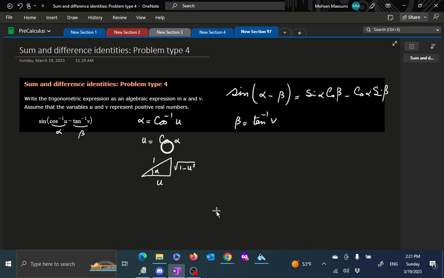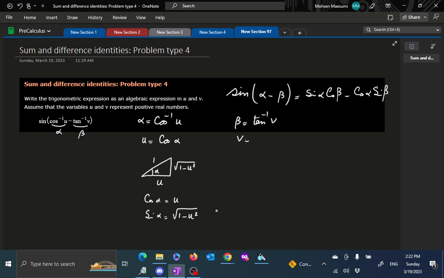I have cosine of alpha, which I'm going to need here, but I also need sine of alpha. So cosine of alpha, I know, is just u. Sine of alpha in this picture, the ratio of the opposite to hypotenuse, is radical 1 minus u squared. Let's go after this one.